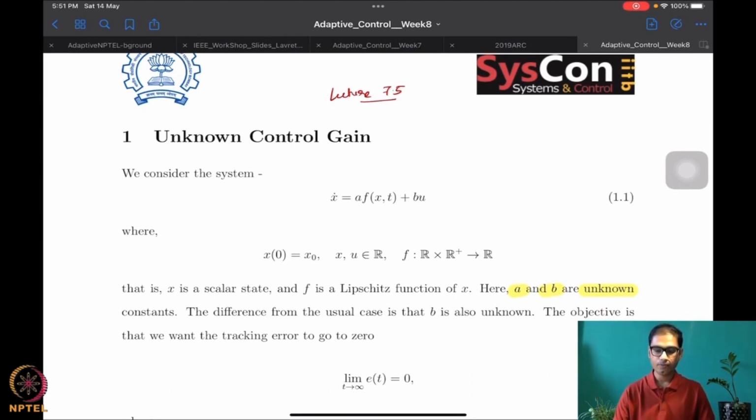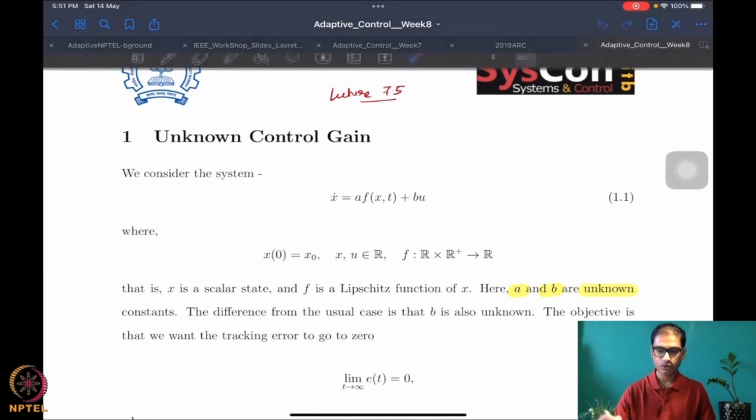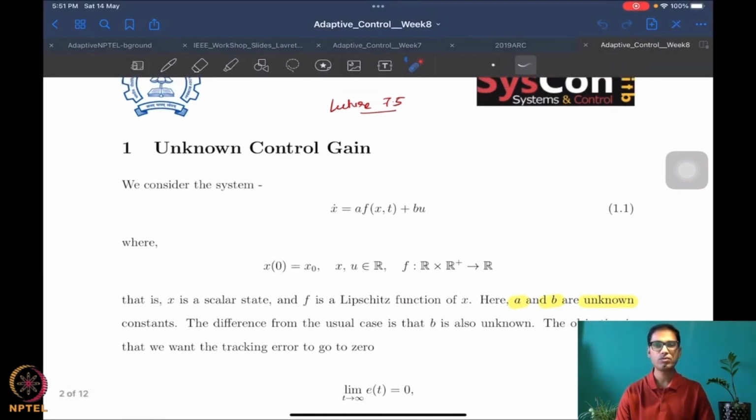Okay, so the design procedure was more or less similar, right? The only difference being that there was a gain attached to the controller, which was not the case in all the adaptive designs we saw earlier.